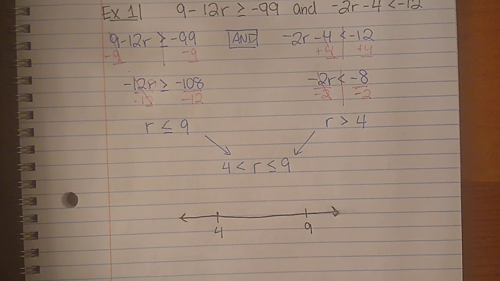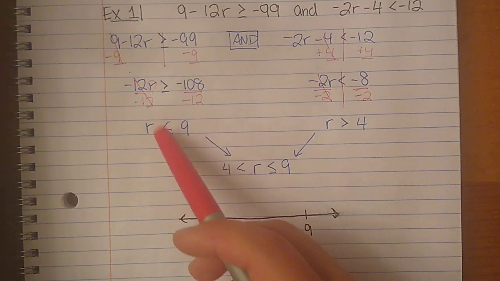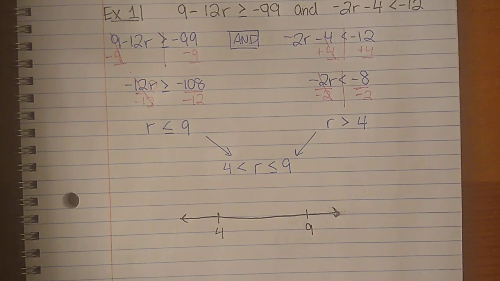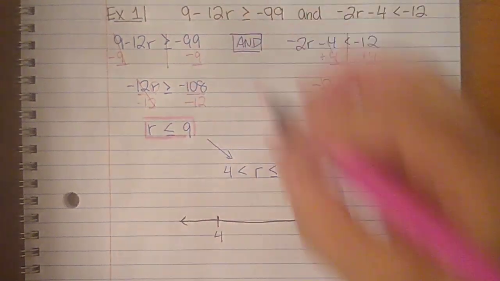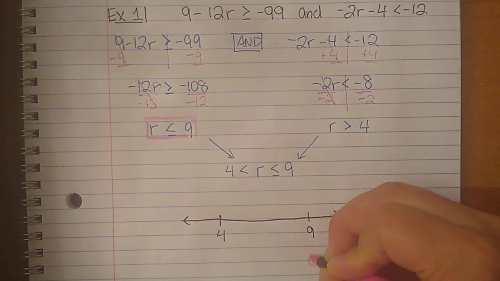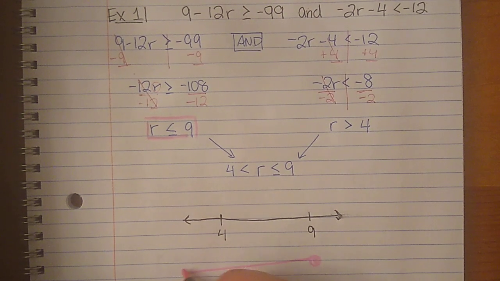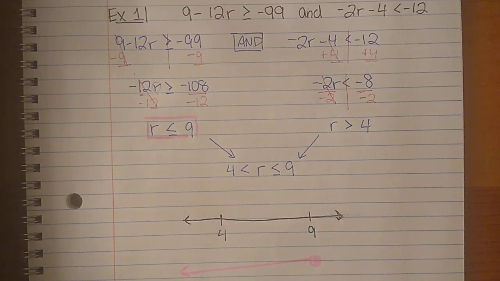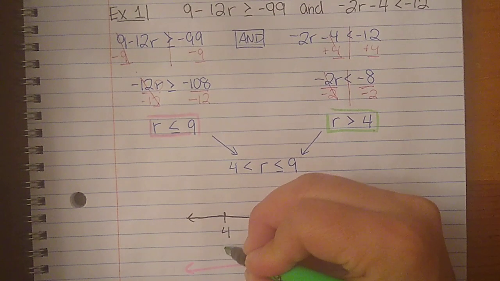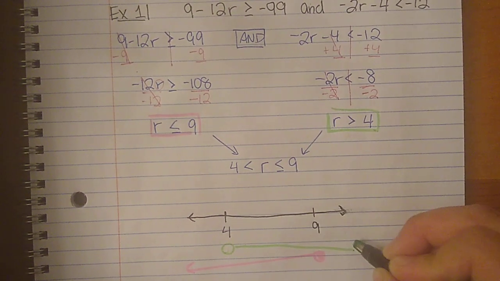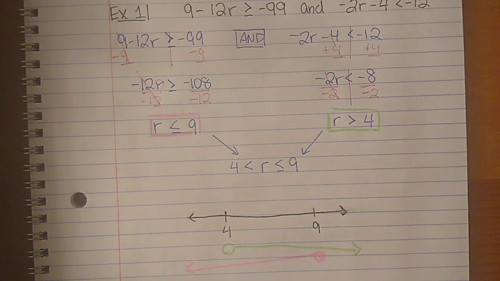Down on the bottom, I would demonstrate how I would graph each one individually. If I'm graphing r is less than or equal to 9, I would have a closed circle at 9, going infinitely less than that 9. If I was graphing r is greater than 4, I would have an open circle at 4, graphing infinitely in the greater than direction.